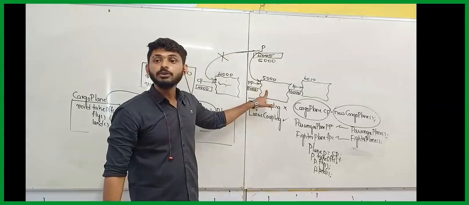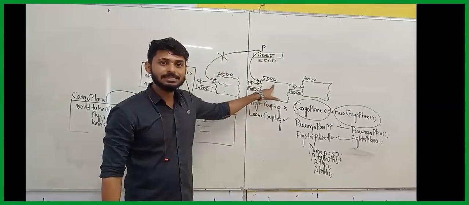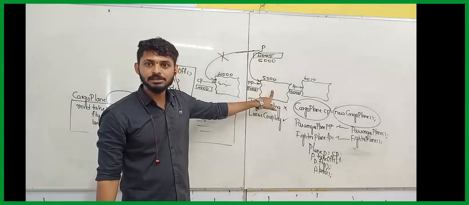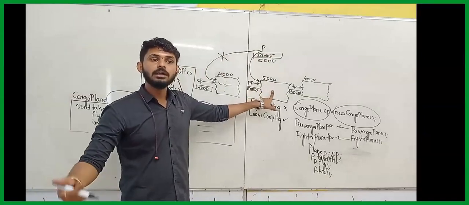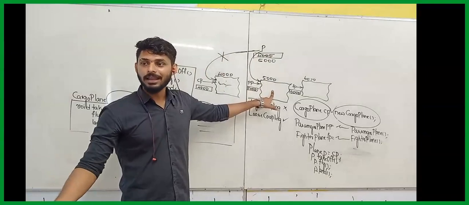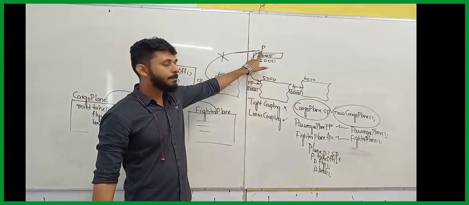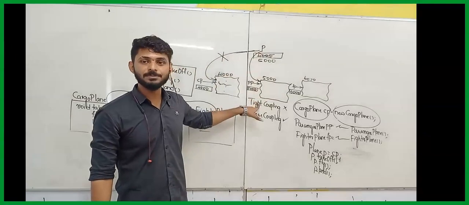Using PP, I was able to access this previously. What did we used to write? PP dot takeoff, PP dot fly, PP dot land. It was working or not? Yes. Now my P is also pointing to the same place where PP is pointing.